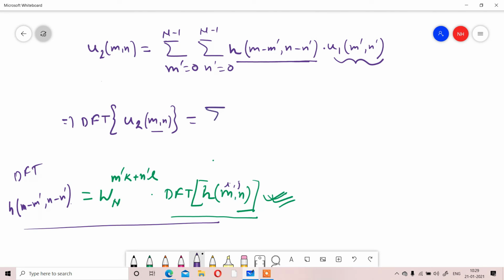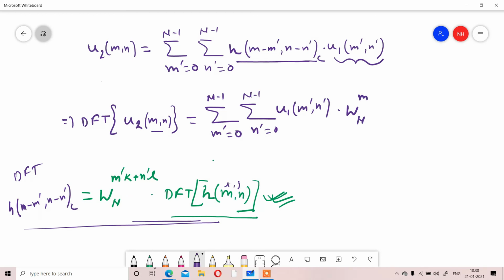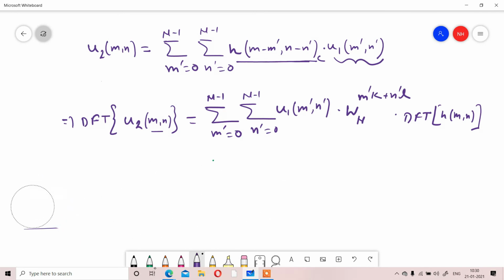So what we can write? Summation of m dash equal to 0 to n minus 1, summation of n dash equal to 0 to n minus 1, u1 m dash n dash, and the remaining part will be the DFT of h m minus m dash, n minus n dash, and we know this expression for that term. So we will represent DFT of h m minus m dash, n minus n dash by W_N to the power m dash k plus n dash l, into DFT of h m n.